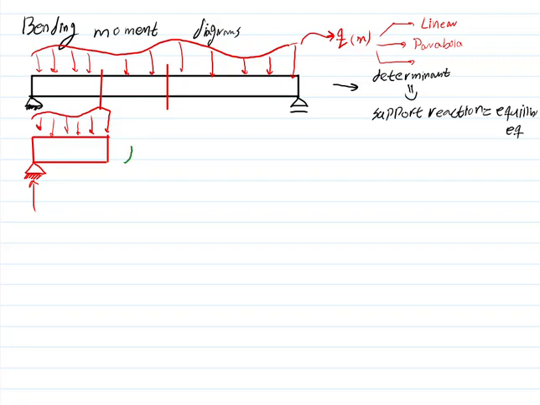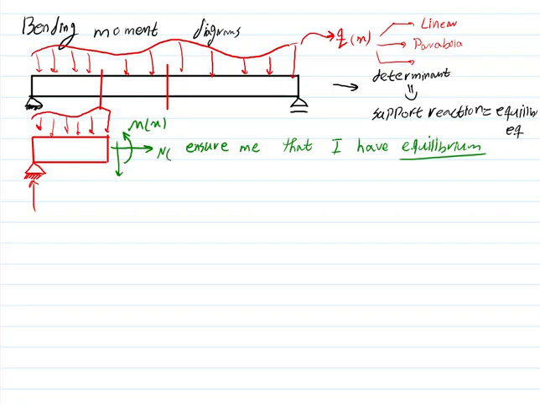What must be developed over here to ensure that I have equilibrium? So that is the purpose. And we name them M(x), N(x), and V(x).